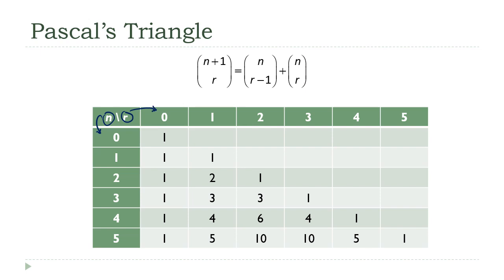So in every one of these cells, I have put C of n comma r. For example, if I pick one here, this one is C of 4 comma 2, because row 4, column 2.